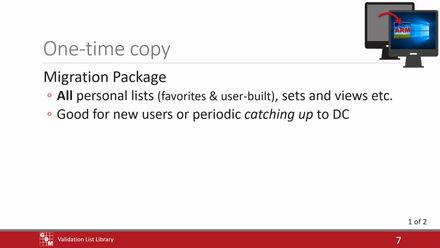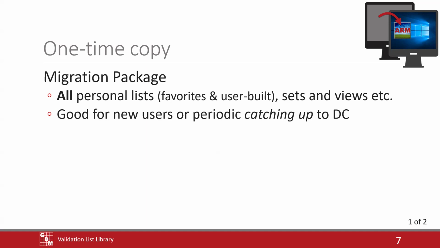The original purpose of that migration package: everything on this computer that I've customized to my liking in ARM, I want to copy all of that so I can bring it over to a new computer. So that way I don't miss a beat in terms of my ARM usage. Really, you can use that process. Doesn't have to be you moving to a new computer. It can be you just copying your info to share with another ARM user. So kind of a handy side effect of that functionality.